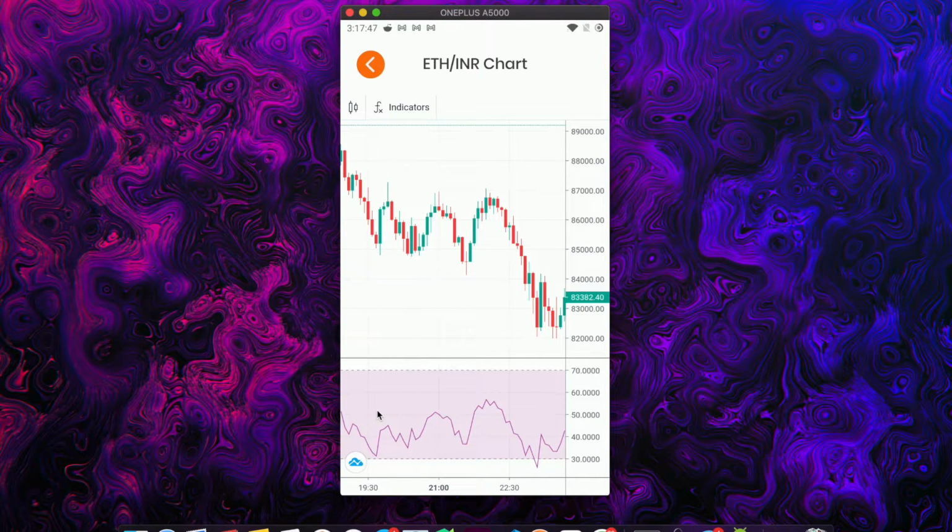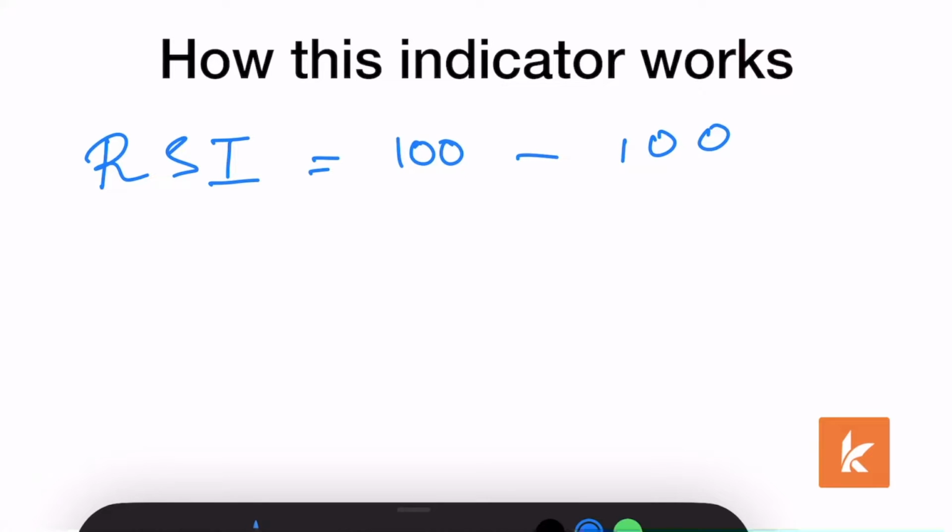Now we'll be learning more about how RSI exactly works and how you can calculate this RSI if you want to do it by yourself. So let's see how this indicator works. RSI equals 100 minus 100 divided by 1 plus RS.